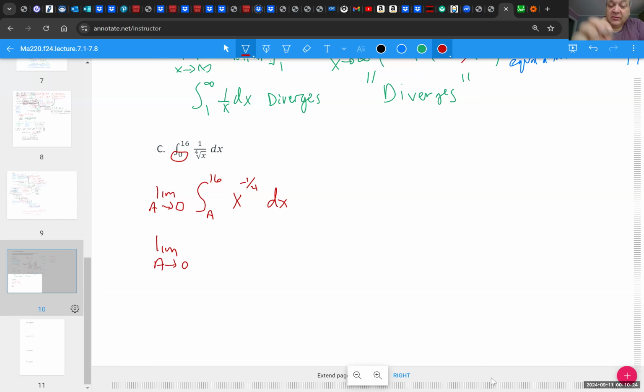So the antiderivative of a power, x to a number, that's again one of our known formulas. I add 1 to the number. Negative 1/4 plus 1 is 3/4. And I divide by 3/4. So that's the 1 over n plus 1 thing. And I go from a to 16.